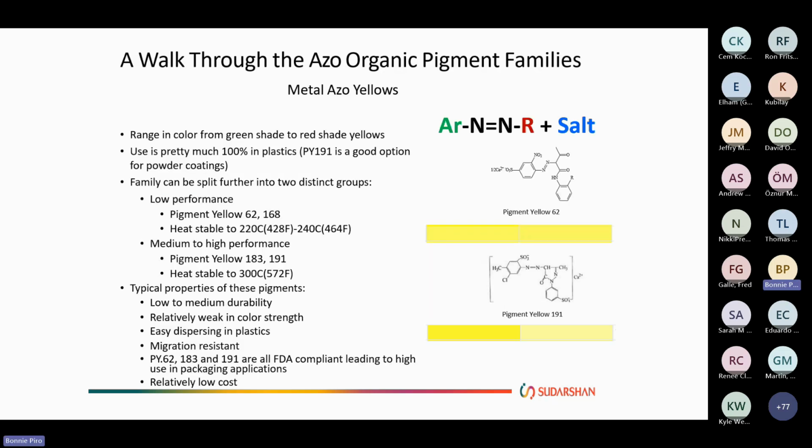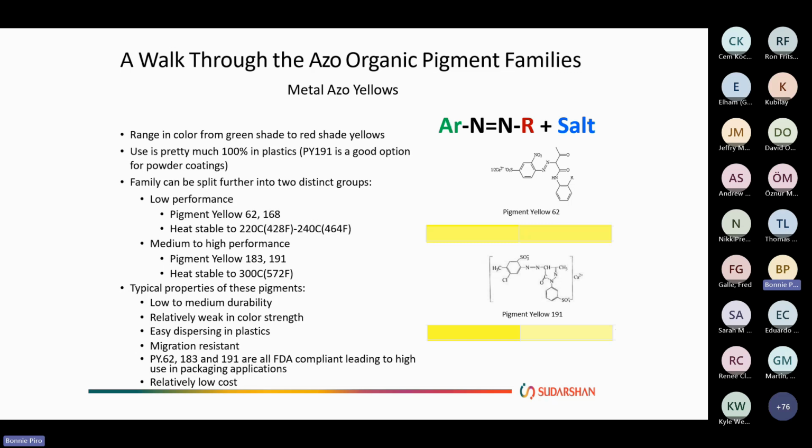Moving next to the metal azo yellows. The two primary color indexes in this category are the Pigment Yellow 62 and the Pigment Yellow 91. These two chemistries are what I'll call sort of workhorses in plastics.